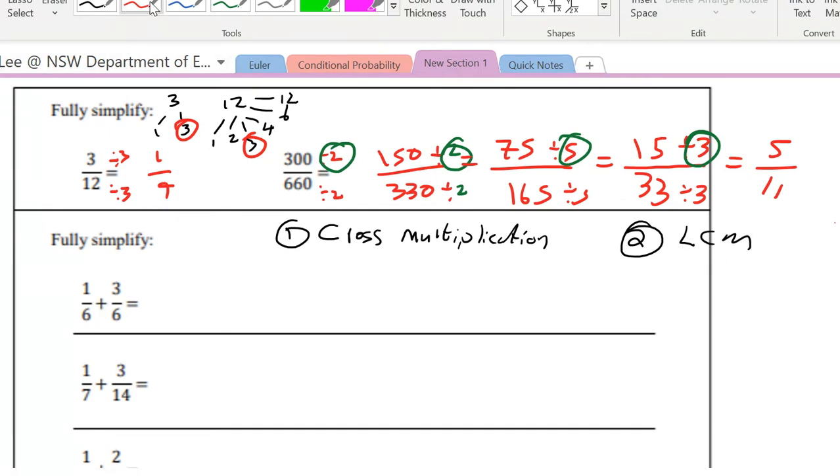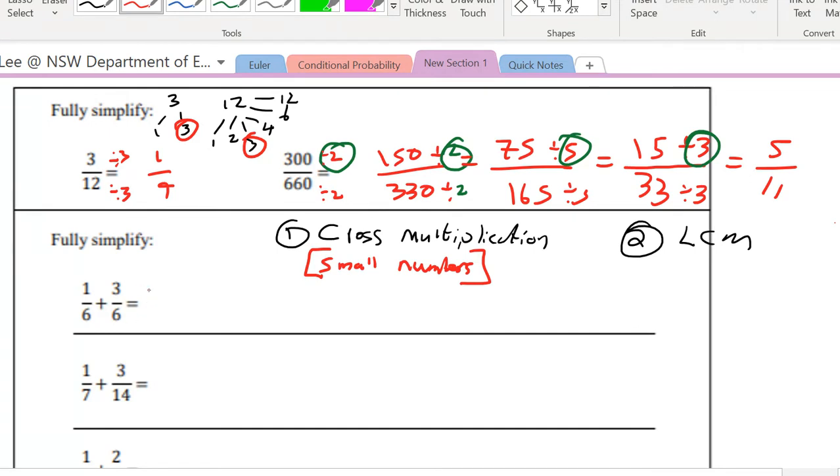Now, with cross multiplication, I'm going to say only use it with small numbers. The lowest common multiple is a much easier method when the numbers get large.